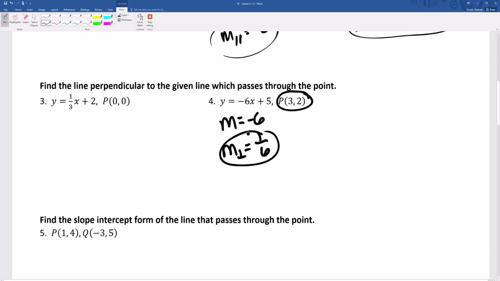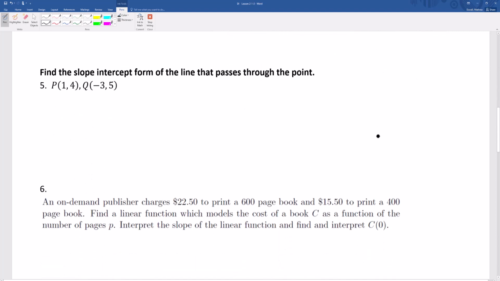So y minus y1 equals m times x minus x1. And that's it. There is my equation. Now, like I said, sometimes we may have to distribute it if it's asking for the slope-intercept form, etc.